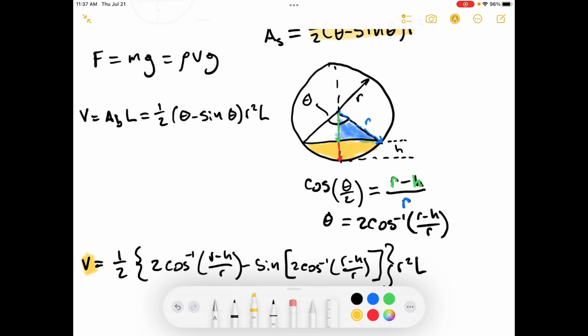So now we have V, we know what g is, and we know what rho is.